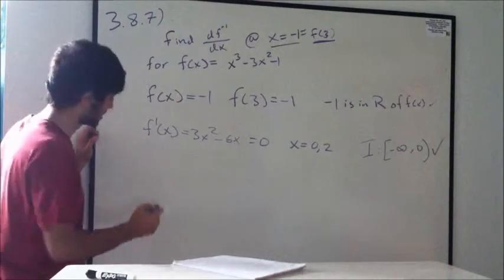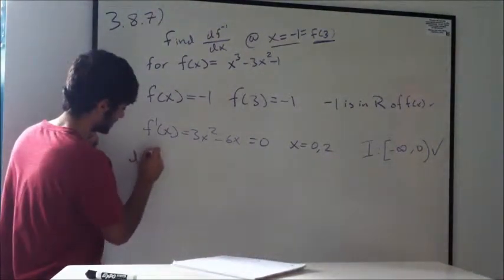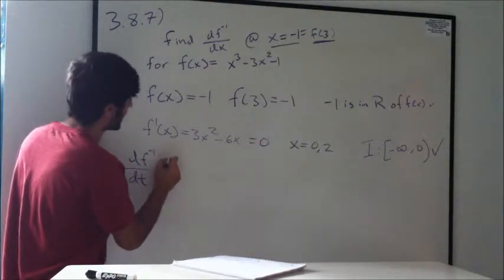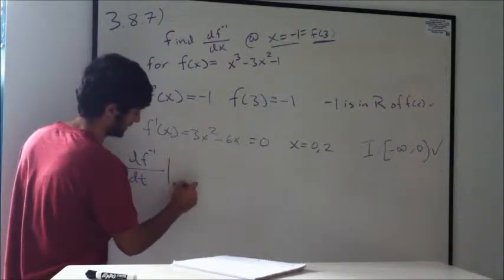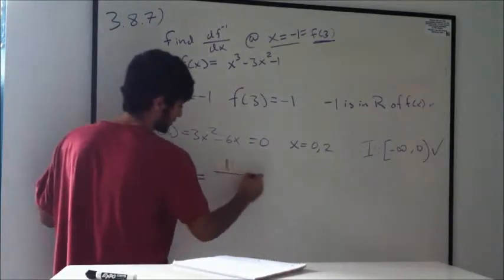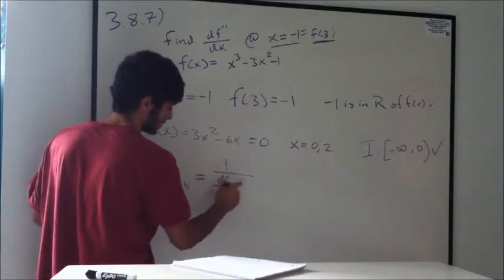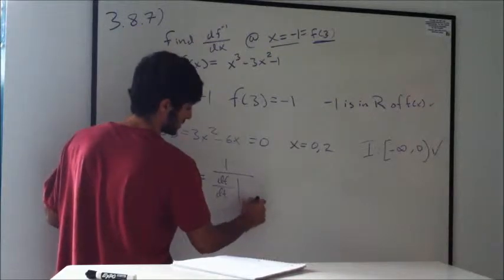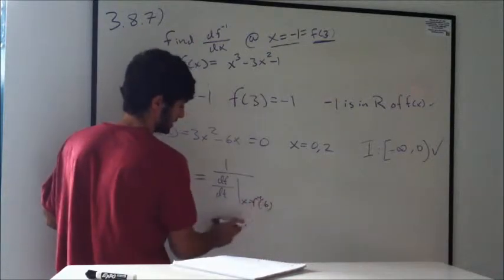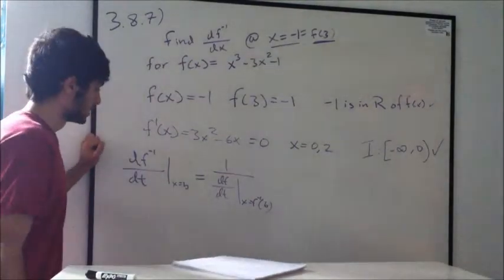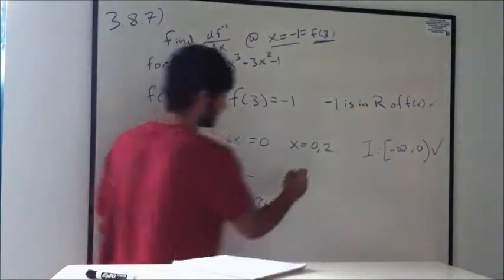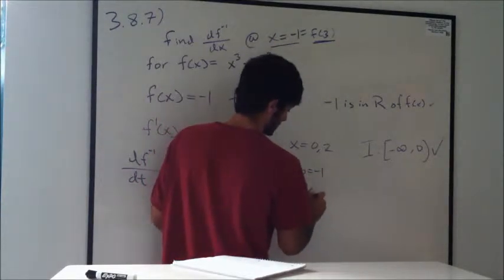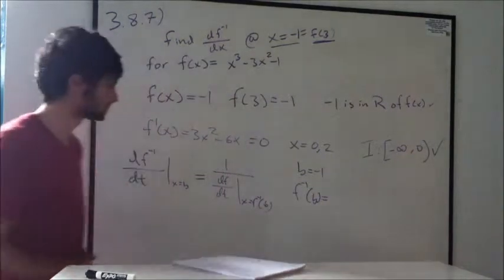So our theorem says that the derivative of the inverse at some point x equals b is equal to 1 over the derivative at x equals the f inverse of b. So we know that b equals negative 1. Now what does f inverse of b equal?